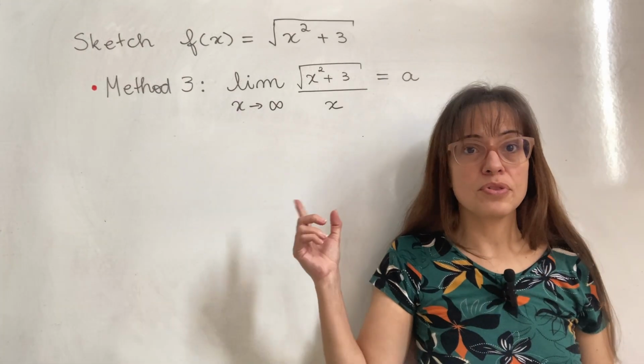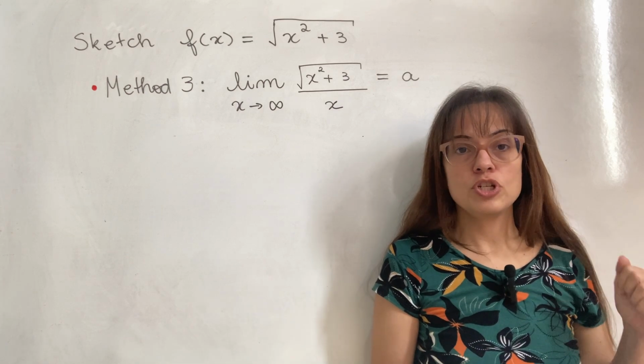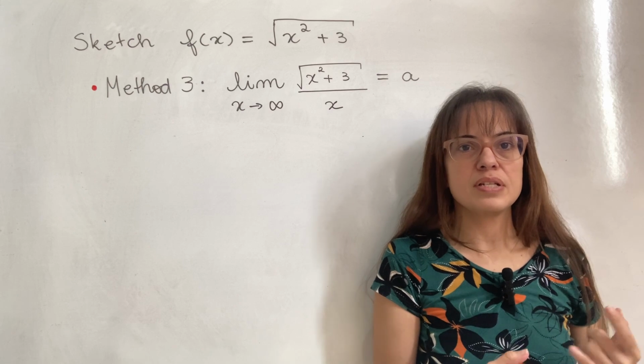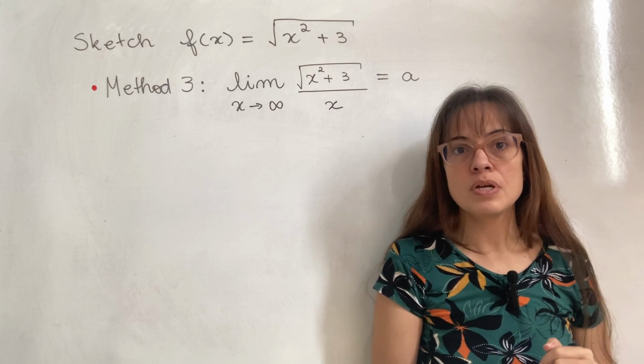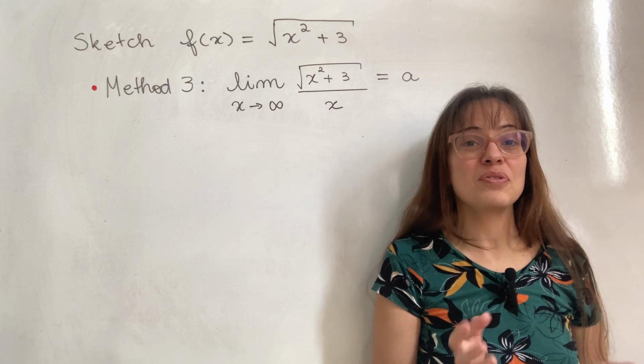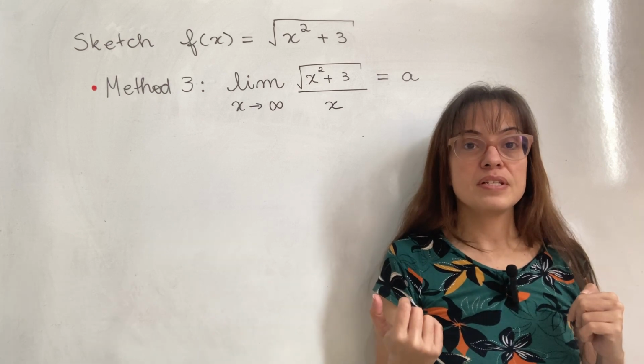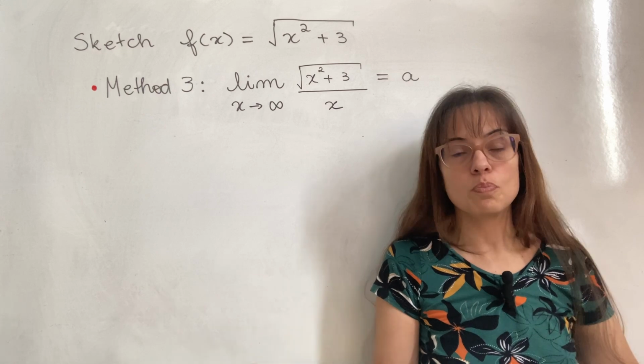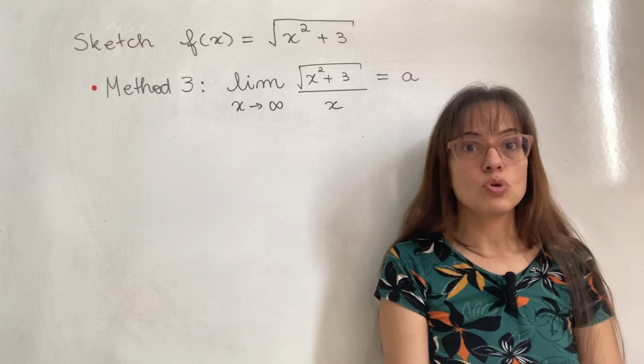And there's also a third thing that you can do, which is more similar to method 1 than method 2 in the sense that it doesn't involve derivatives, but it's more similar to method 2 than 1 in the sense that you don't need an initial idea of what the slope of the diagonal asymptote is going to be.